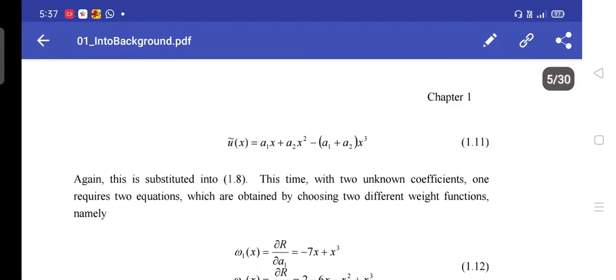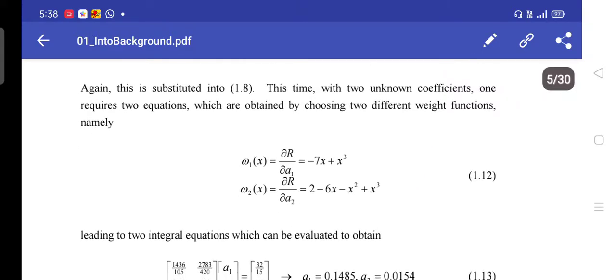So the equation is u of x is equal to a1 x plus a2 x² minus (a1 plus a2) into x³. This time, with two unknown coefficients, one requires two equations, which are obtained by choosing two different weight functions.